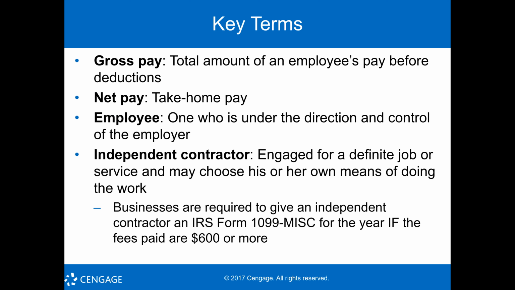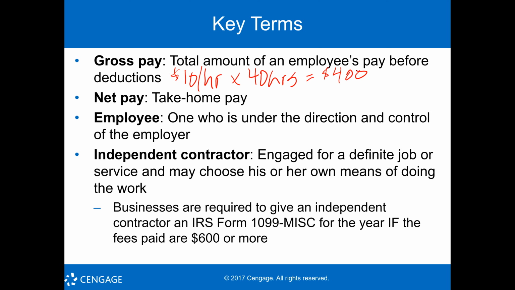Net pay is what we take home after taxes and deductions. So, again, if we say, for example, if we make $10 an hour times 40 hours, right? Then our gross pay would be $400.